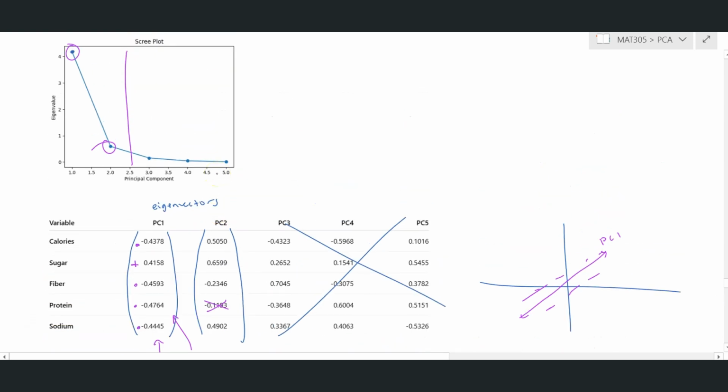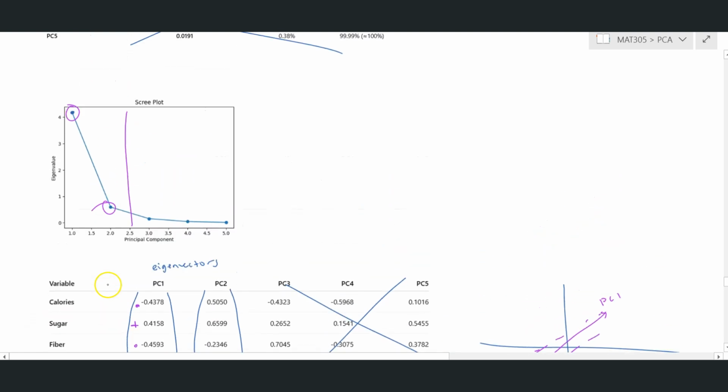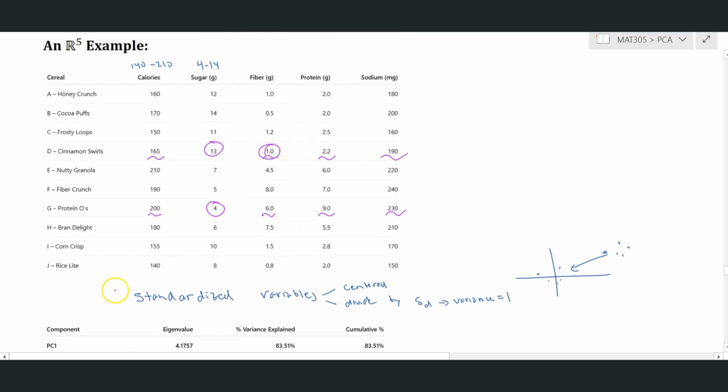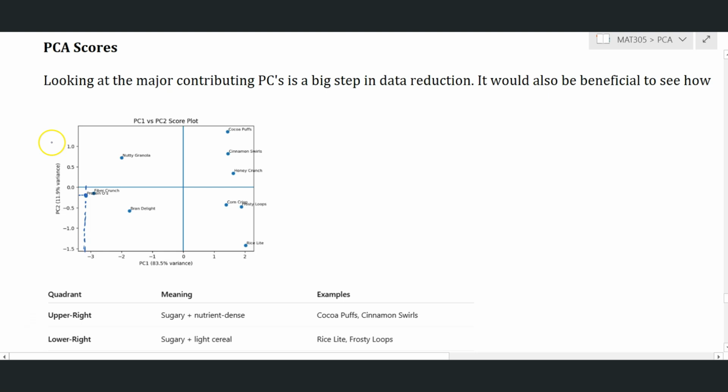So you would have a negative score on PC2 if you tended to have either high fiber or high protein or both. The cereal is actually high in protein, because it's Protein O's. And it is actually pretty good in fiber as well. It's one of the higher fiber cereals. Maybe it doesn't have a ton of fiber, but it contributes to a slight negative score for Protein O's.